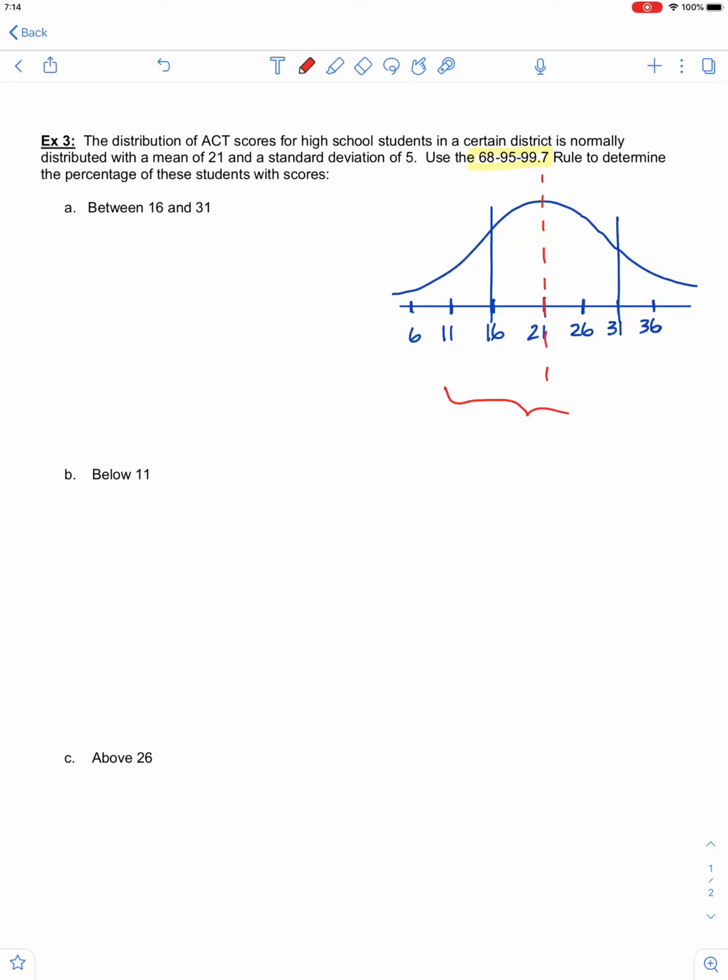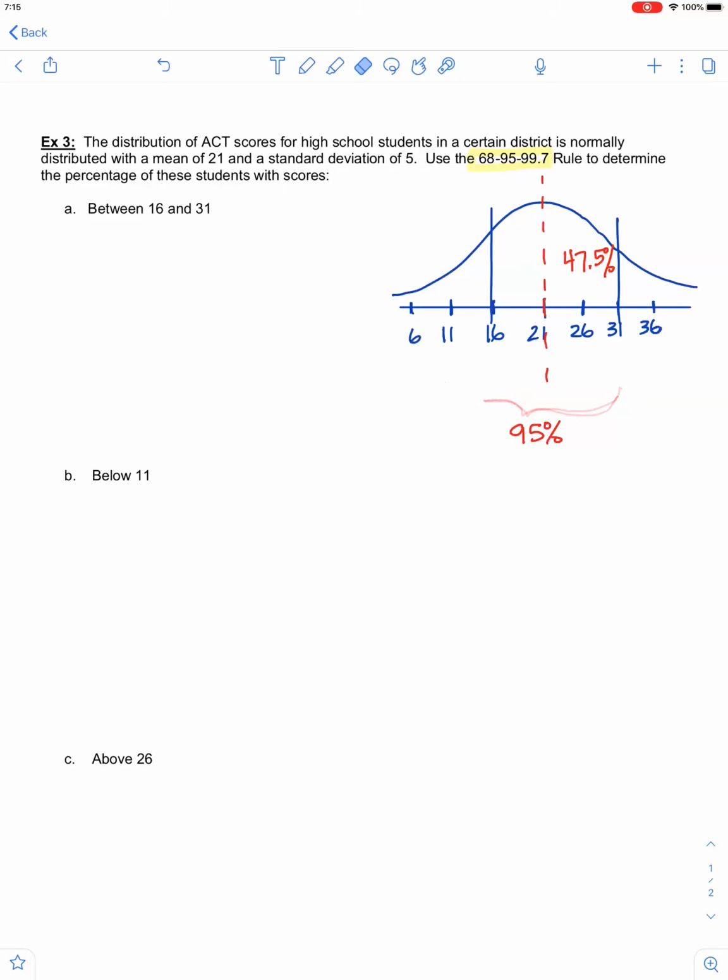Since within 2 standard deviations to the left and right is 95%, for this right-hand portion here, because remember that was from 11 to 31, we're asking 1 standard deviation to the left, but 2 standard deviations to the right. So I'm going to go ahead and look at just the right-hand portion first. Take that 95 and split it in half, and that will tell me that 47.5% of the data is in that portion there.